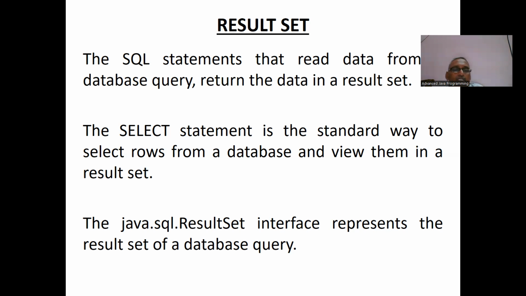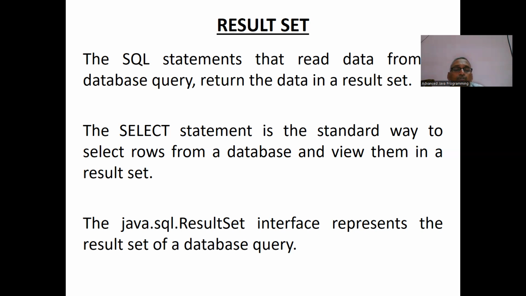The methods of the ResultSet interface can be broken down into three categories: navigational methods, get methods, and update methods. Navigational methods are used to move the cursor around. Get methods are used to view the data in the columns of the current row being pointed to by the cursor.